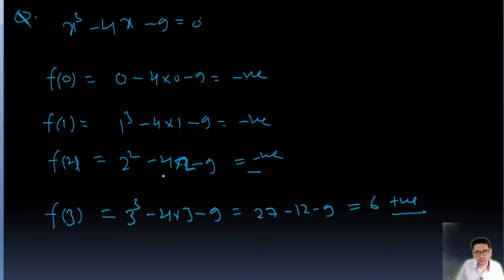So f(2) and f(3), we'll see the nearest values, right? f(2) and f(3) are of opposite sign, right? This is negative, this is positive. Means the root exists between 2 and 3, because f(2) and f(3) are of opposite sign. I have explained, right?